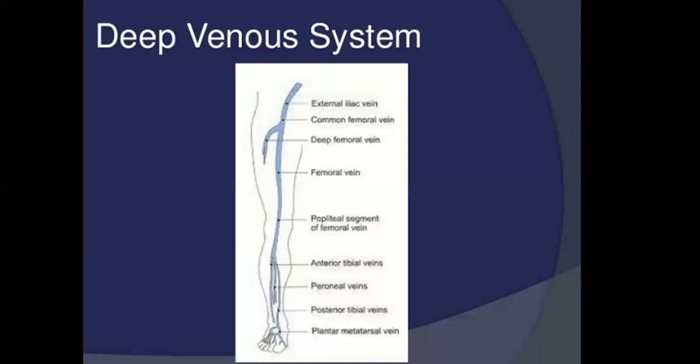So this was the formation of the popliteal vein. It is formed by the venae comitantes of the anterior and posterior tibial arteries, and it ends by passing through a gap in the adductor magnus muscle, where it becomes the femoral vein.